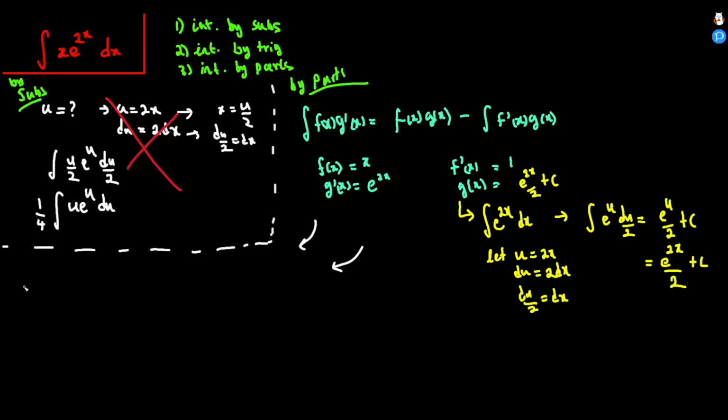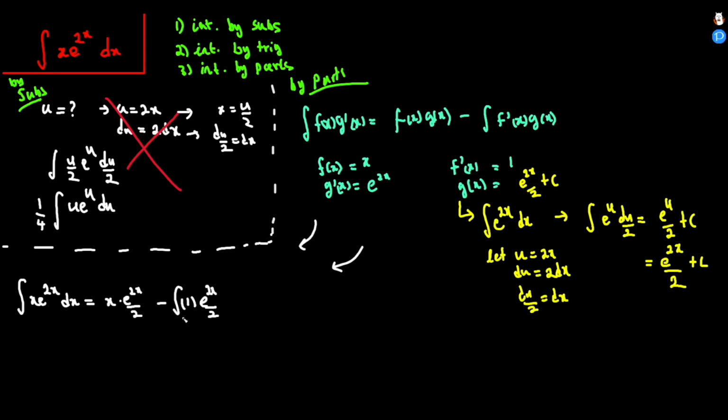We have the integral of x e to the 2x dx is f of x, which is x, times g of x, which is e to the 2x over 2, minus the integral of f prime of x, which is just 1, times g of x, which is e to the 2x over 2. You know the plus c here, but just leave it at that.